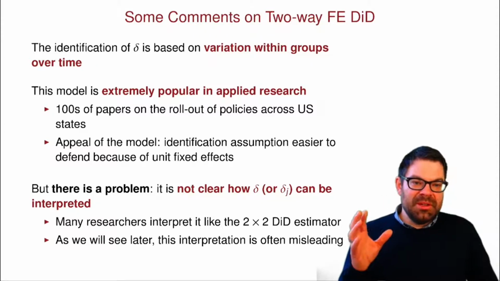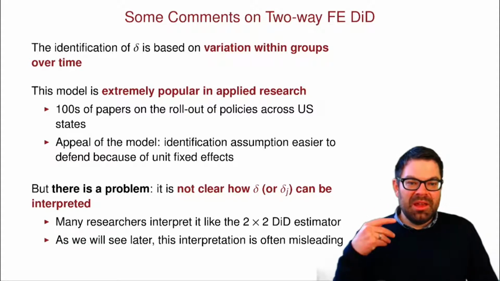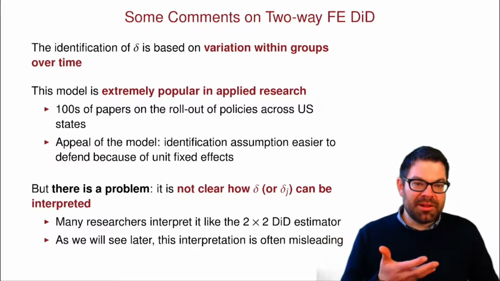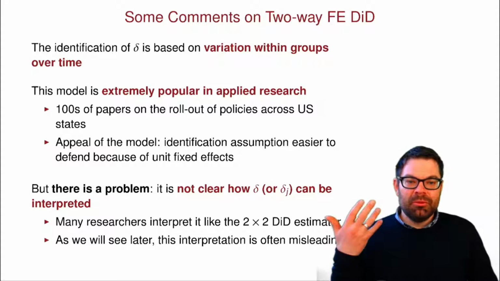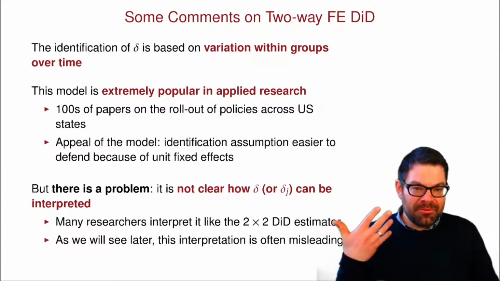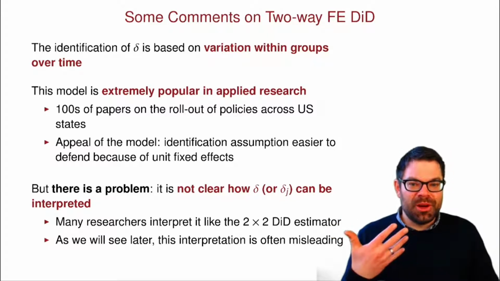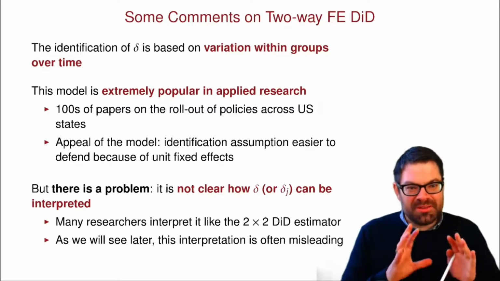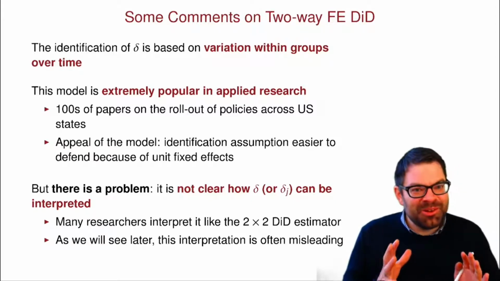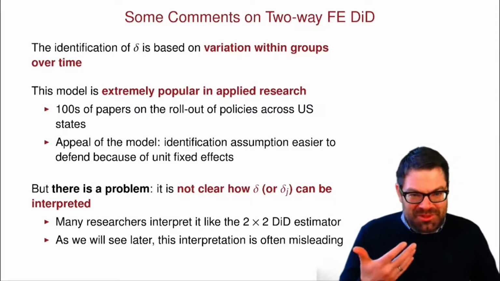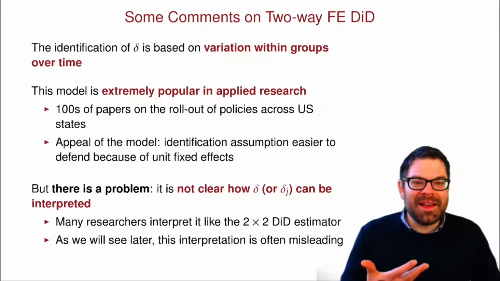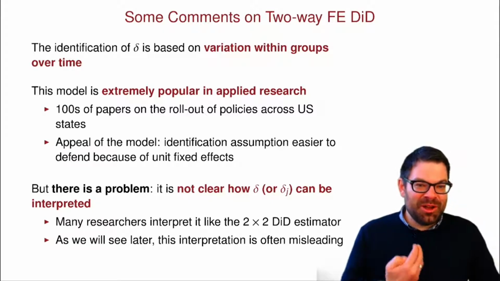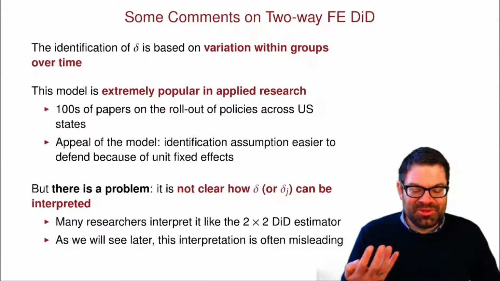First of all, we need to think about, if we run such a model, where does the identifying variation actually come from? You should always take a stand on that, because without knowing that and without stating that, you cannot interpret your results.